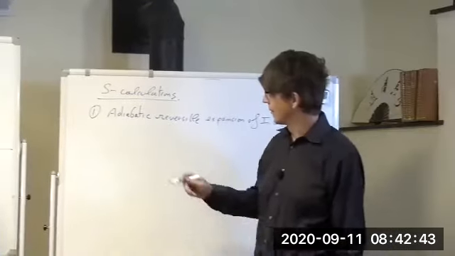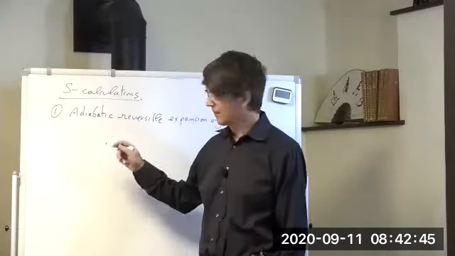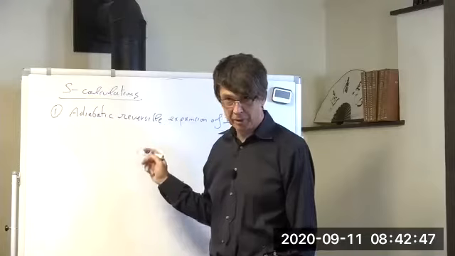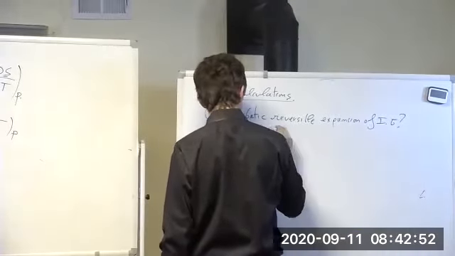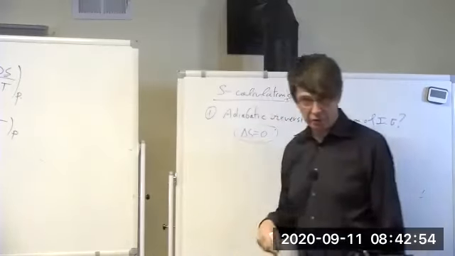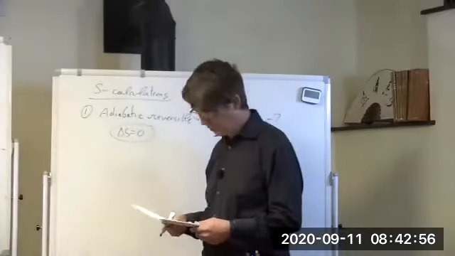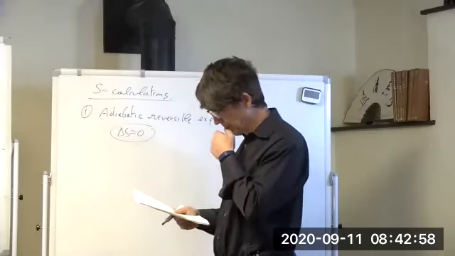This is much more fun in class. Adiabatic, reversible, that means by definition that delta S is zero, right? Because it's adiabatic, so Q is zero, and it's reversible, so dS is equal to dQ over T.